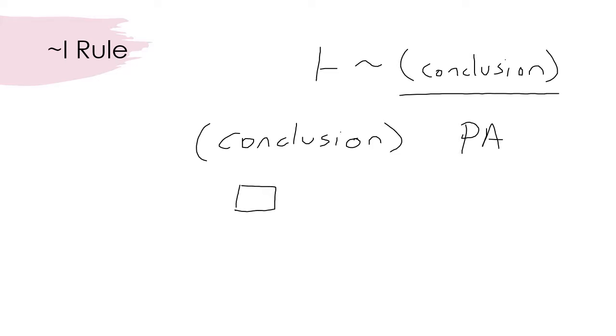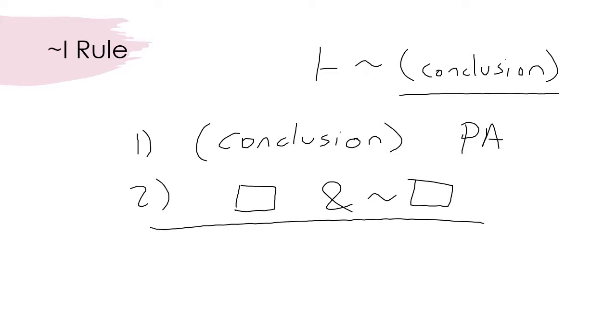So we're going to look for something that has the same thing on both sides, just with a tilde next to one of those sides. And then if we build a contradiction and it depends upon our PA, which is the opposite of the conclusion, then we can do the tilde in, the conclusion.